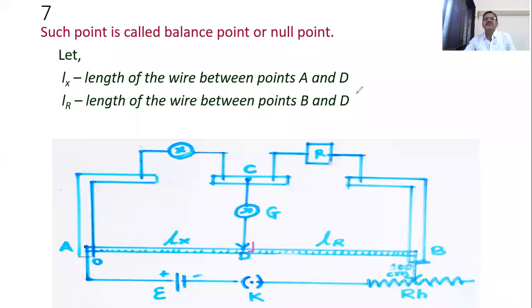Let Lx be the length of the wire between points A and D, and the length of the wire between points B and D be LR. So the length of the wire in front of this X is Lx, and the length of the wire in front of this R is LR.